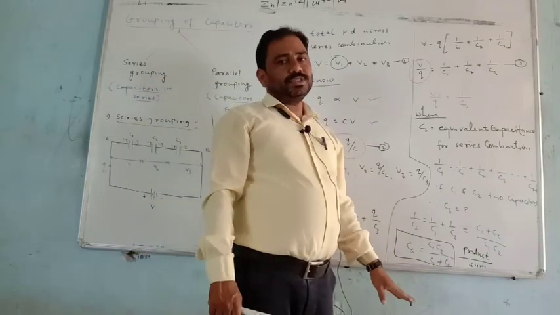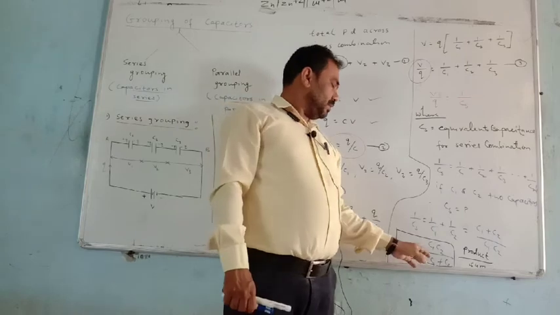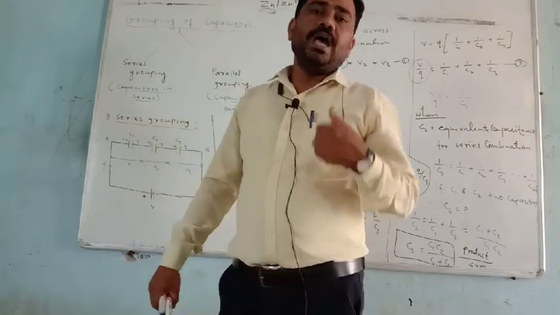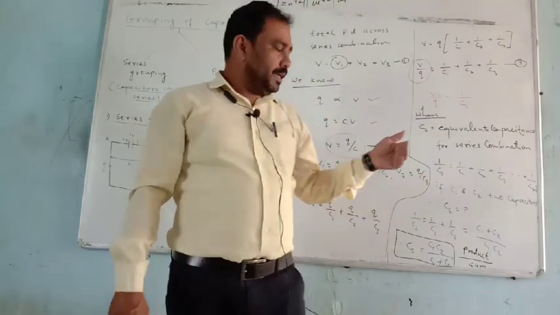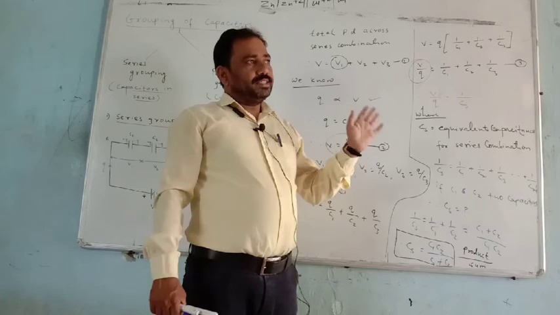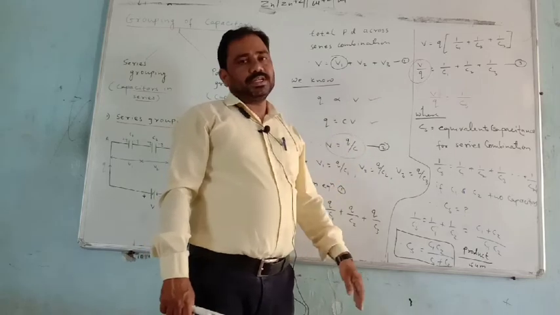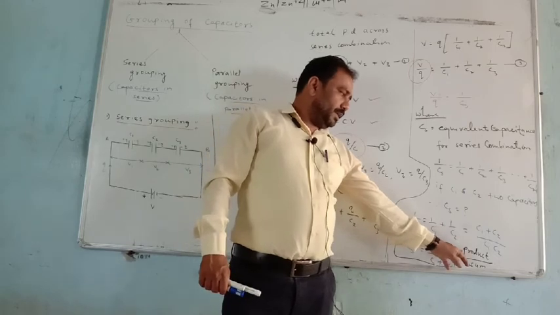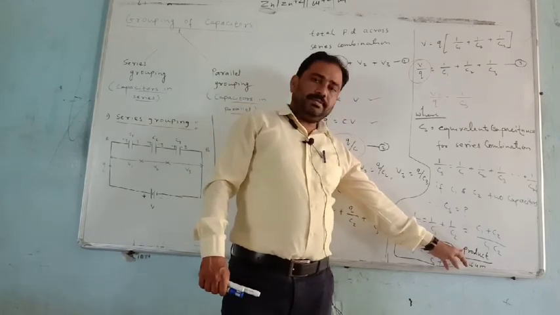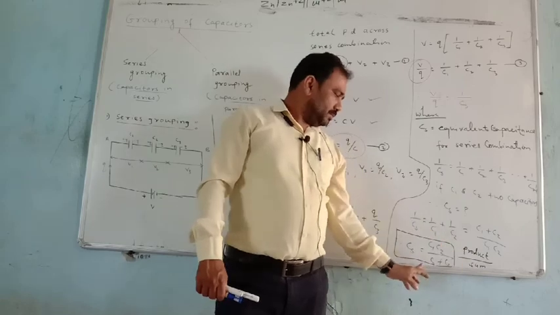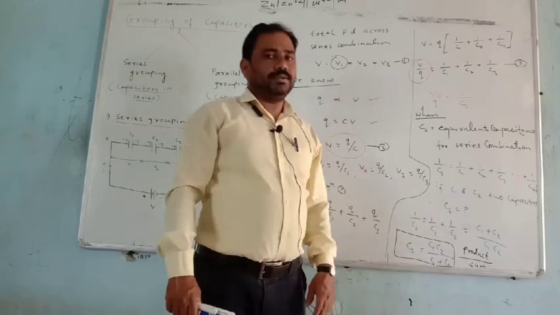Most questions depend on the equivalent capacitance of series combinations, that is, how to calculate it when 1, 2, 3, 4, 5, 6 or any number of capacitors are given. In the numerator is the product, and in the denominator is the summation. Keep this particular formula in your mind.